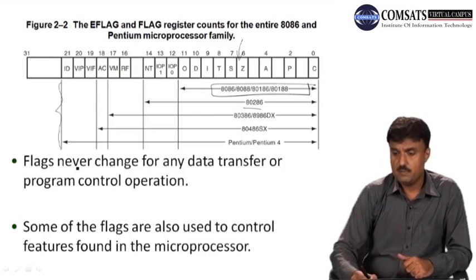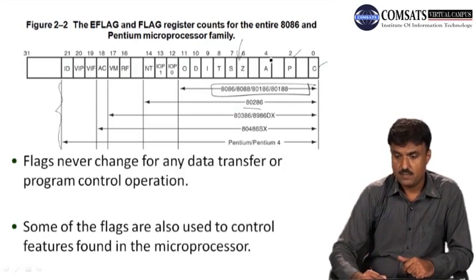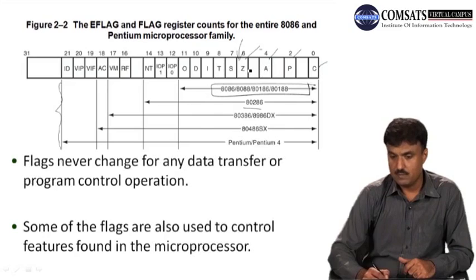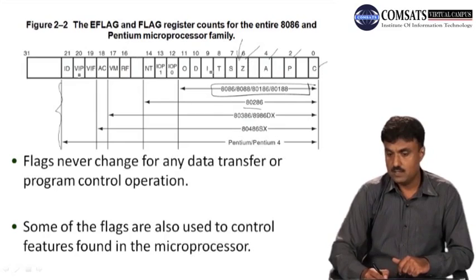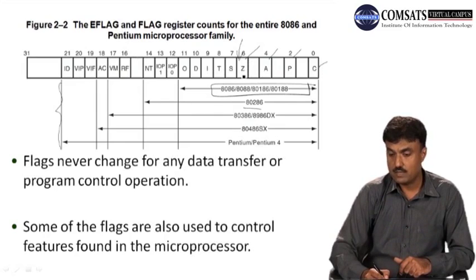Now just keep in mind there are C, P, A, Z. These are the very common status register flags that we already know from binary arithmetic. We will not discuss all of them right now.